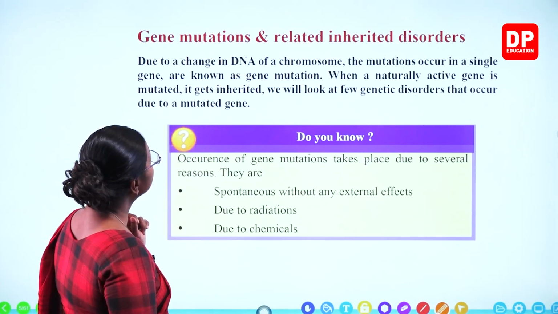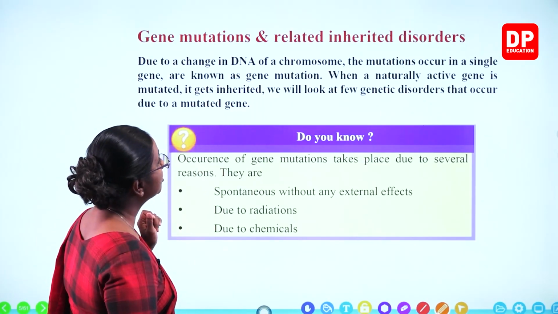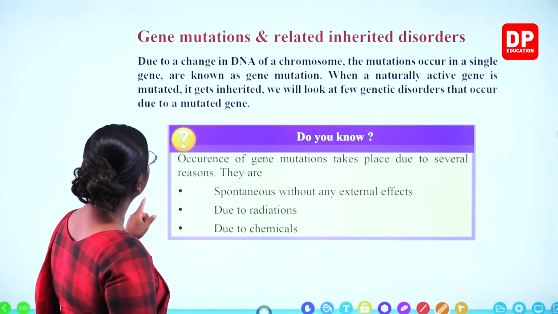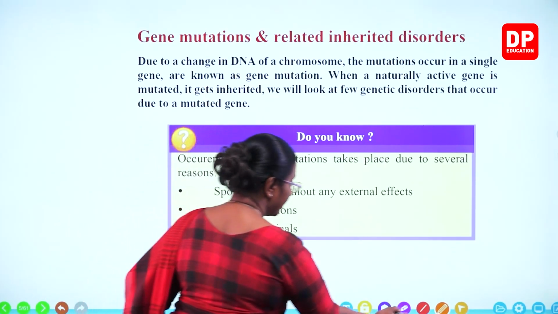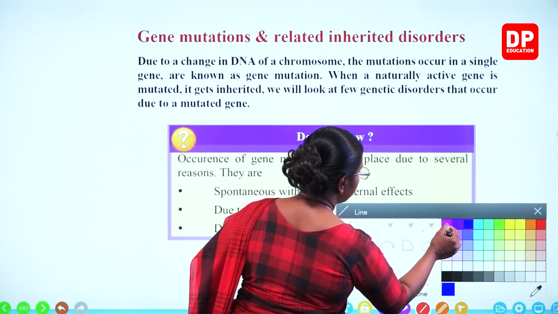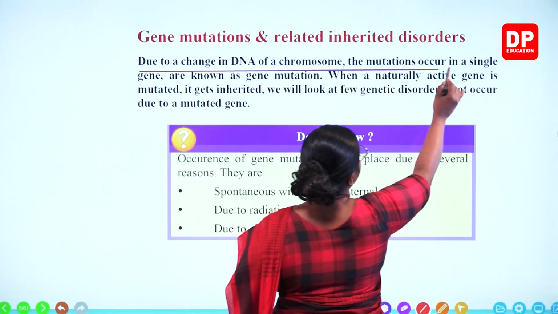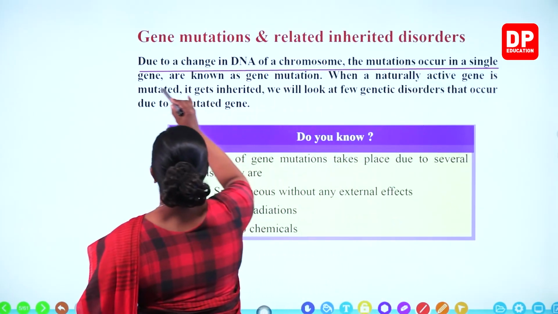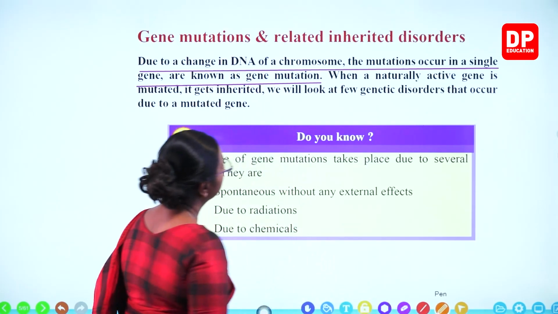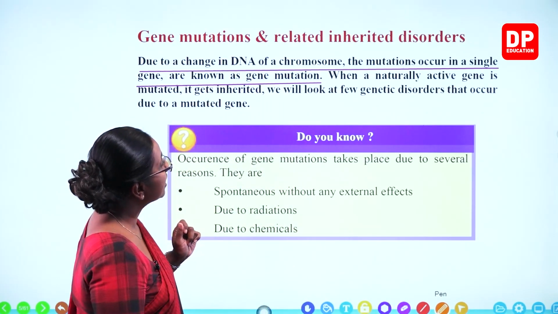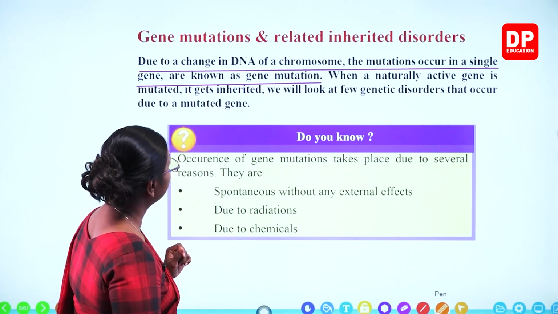Due to a change in the DNA of a chromosome, the mutations that occur in a single gene are known as gene mutations. That is what I explained to you. When a naturally active gene is mutated, it gets inherited.